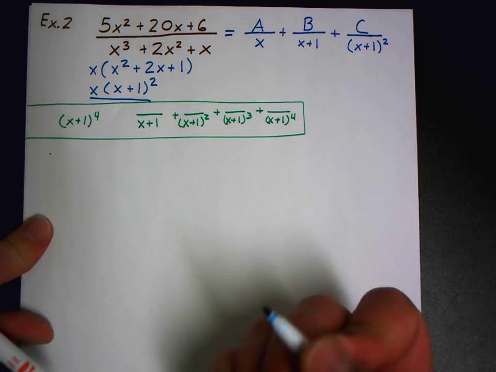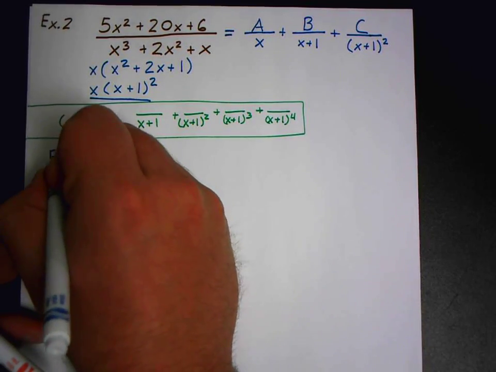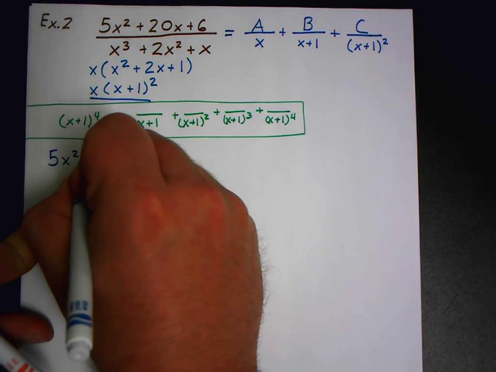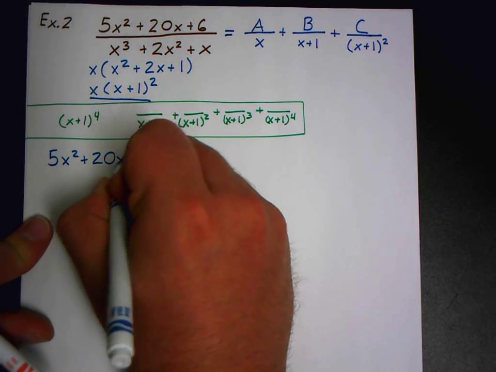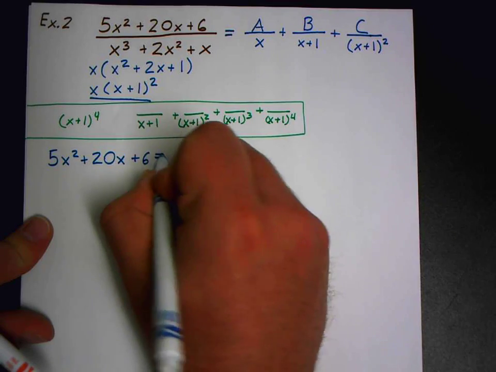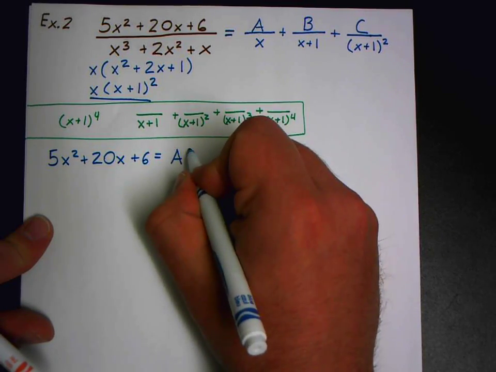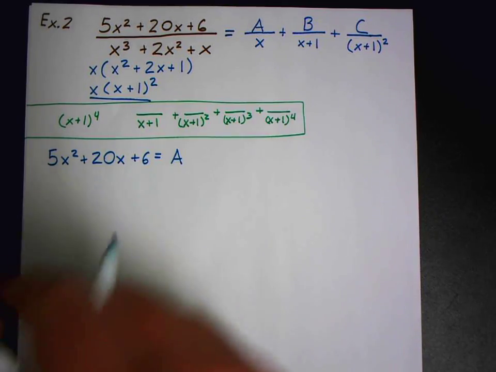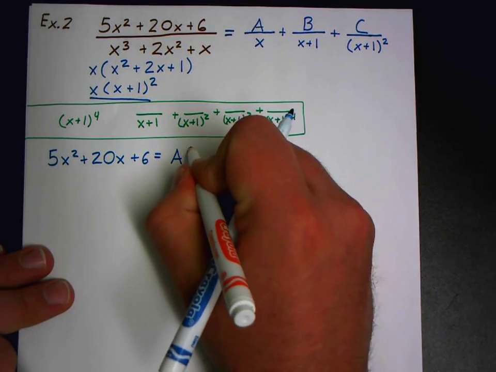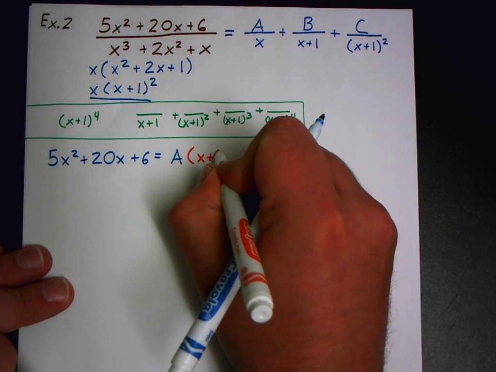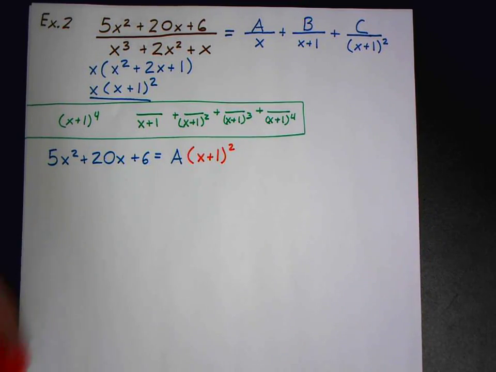Okay, I'm going to take a little bit of a shortcut just to save some space. Now, what would this one be multiplied by? X plus 1 squared, right?